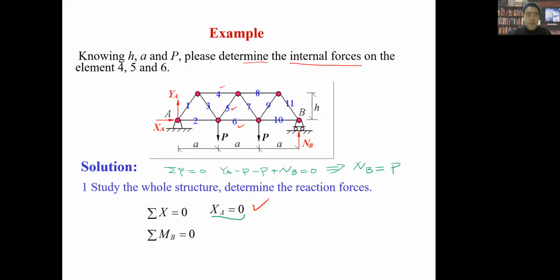In other words, we do not need to consider XA. Actually, XA equals 0, right?